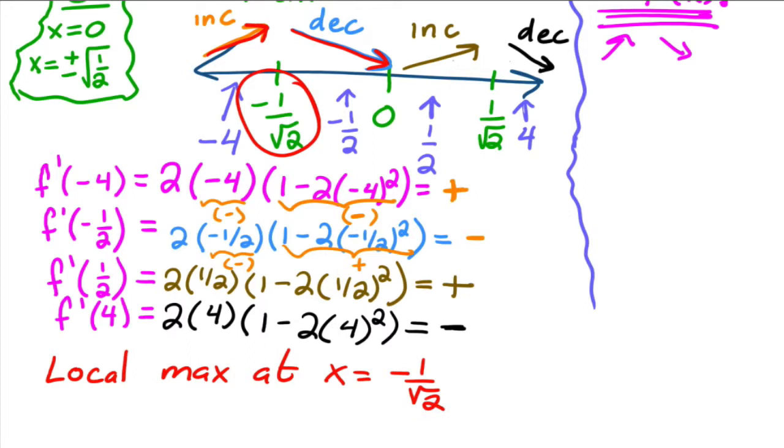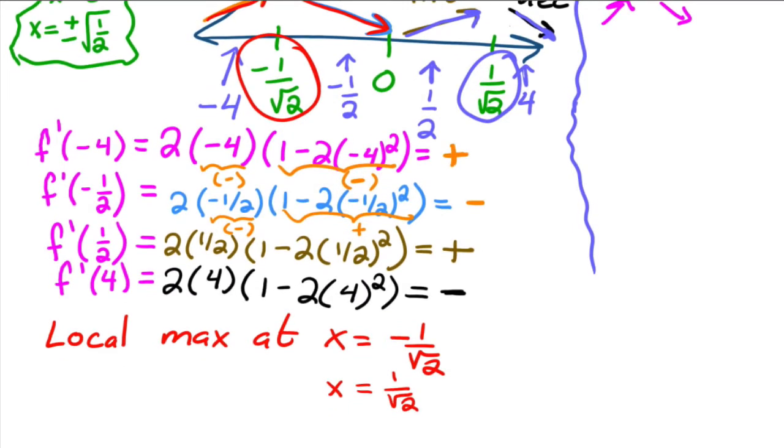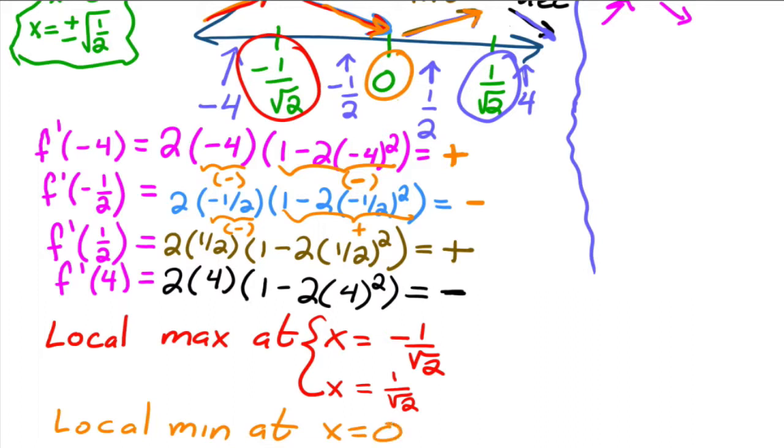And here, because it's increasing and then it's decreasing, again we have another local maximum at positive 1 over root 2. So both of those are local maximums. But then now here, notice how it's decreasing and then it's increasing at 0. So that means that that point is going to be a local minimum. So we have a local minimum at x equals 0.